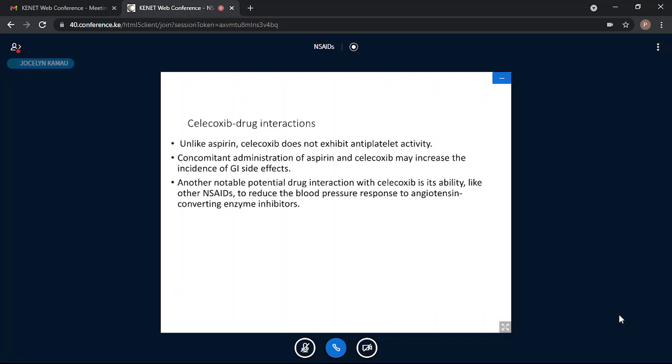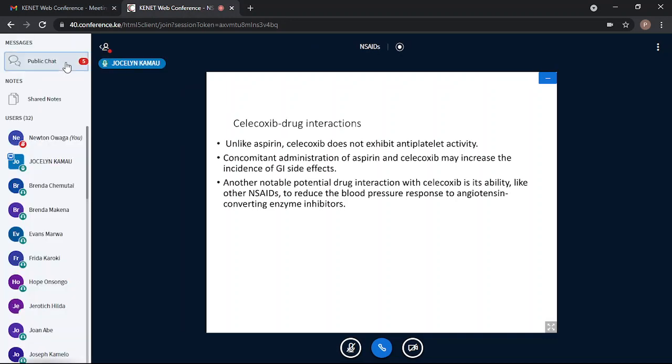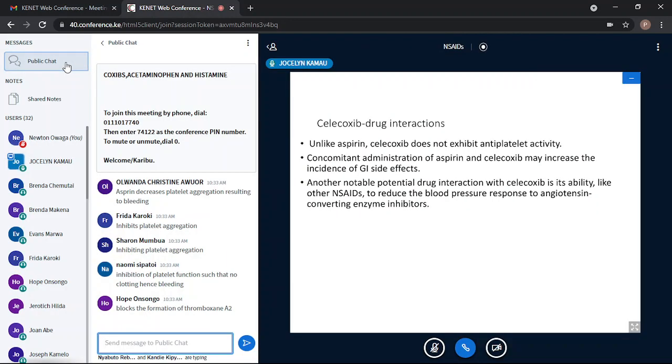That is correct. It inhibits platelet aggregation. Which enzyme are we talking about? Because now you need to be able to understand, to go up to there. Which enzyme does aspirin inhibit to a higher extent than the other?